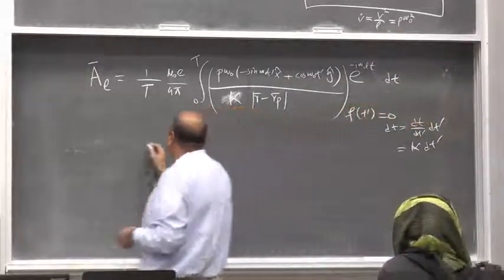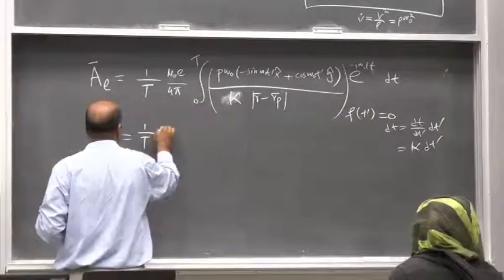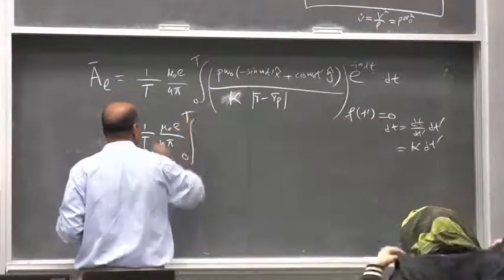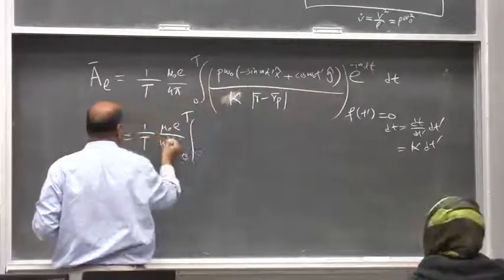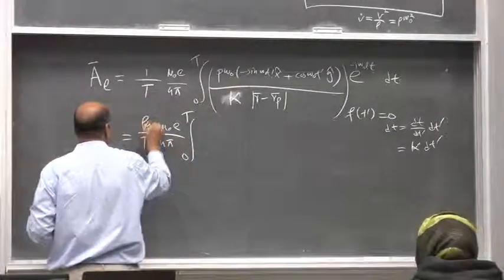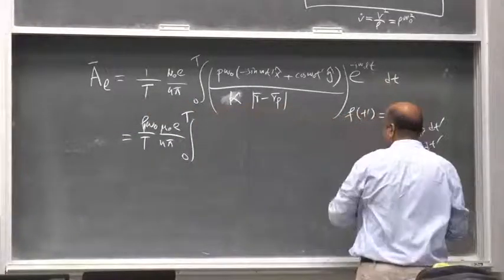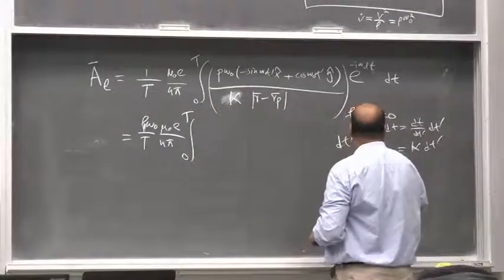So the integration will go to, so this rho omega naught, let me just take it out. So this is rho omega naught out. So in place of dt I'm putting dt prime.